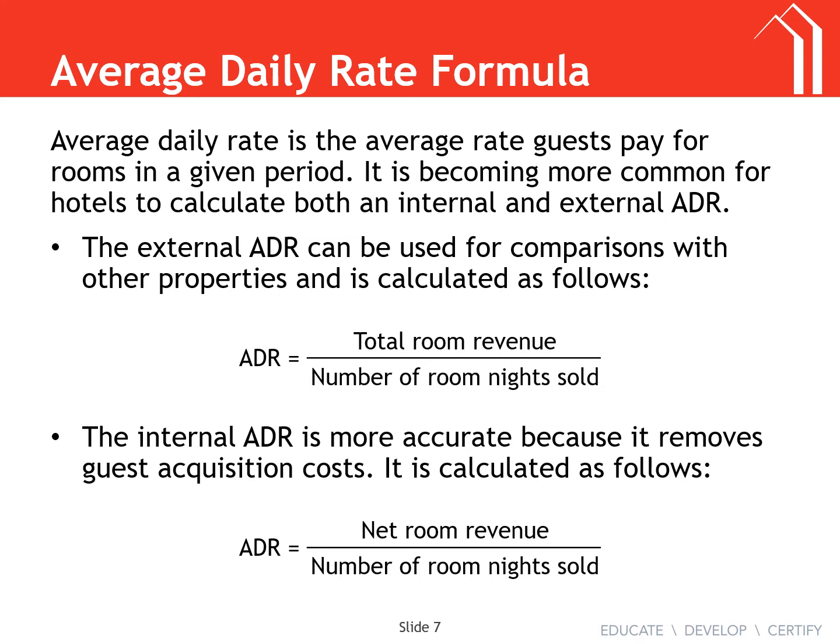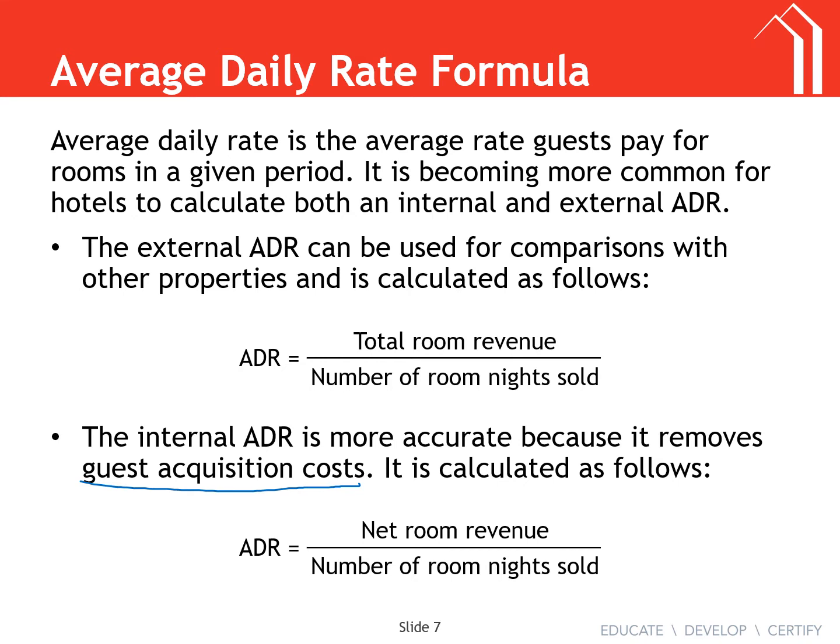Okay, let me real quick interject on net revenue. If you look up here on the screen, we have total room revenue and we have net room revenue on the bottom. What's interesting is the net revenue takes out these guest acquisition costs. Those are what the hotel pays to third parties, like Expedia or Travelocity, because they have to pay those companies for each room they book.